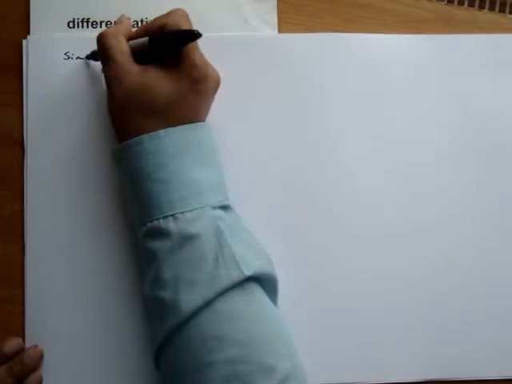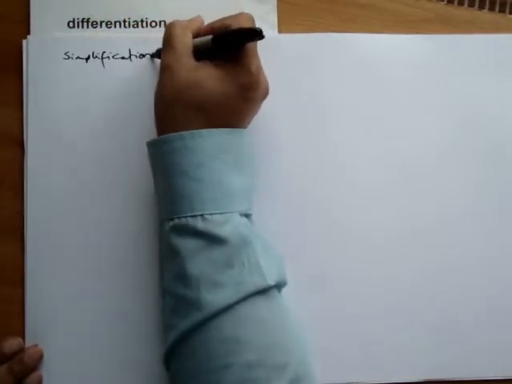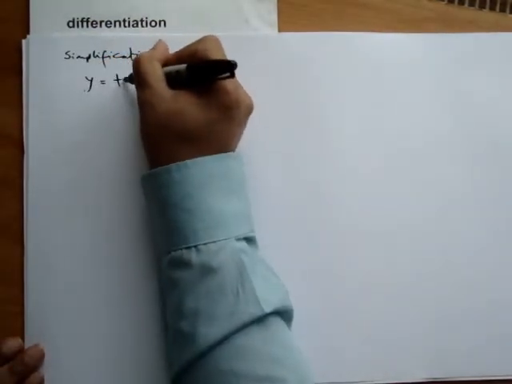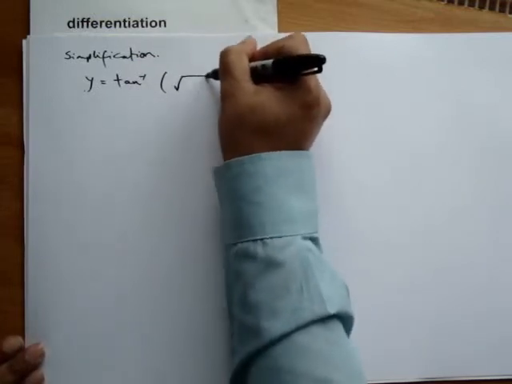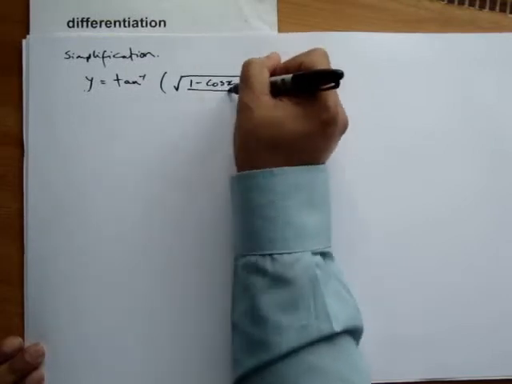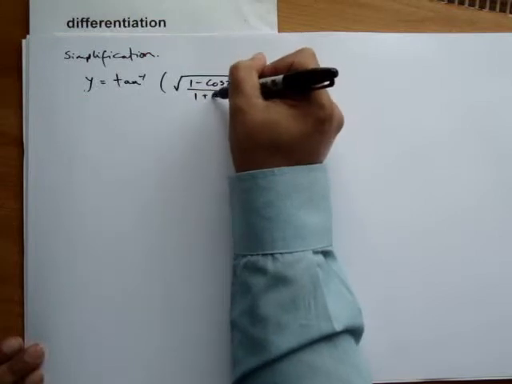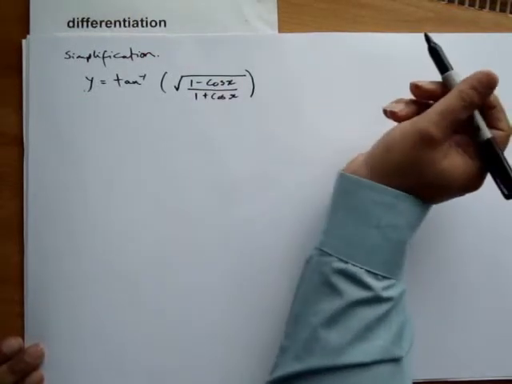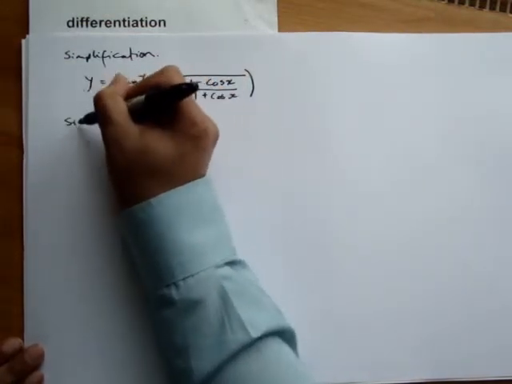Okay, let's have another look at simplification. y equals tan inverse of 1 minus cos x over 1 plus cos x. Okay, so simplification.